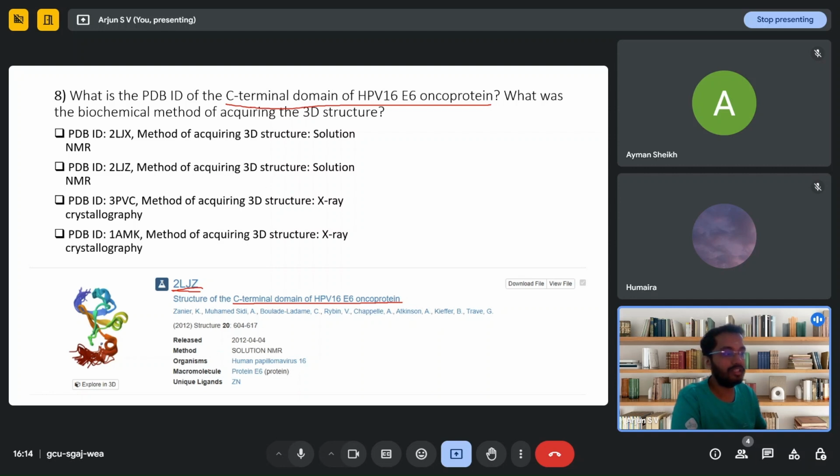So the method here is given as solution NMR. So the correct answer: PDB ID is 2LJZ, and the method of acquiring the 3D structure is solution NMR.